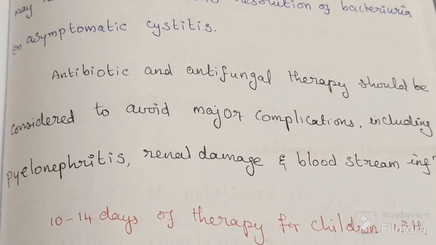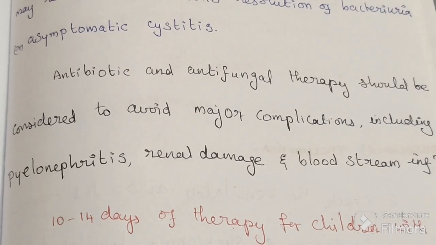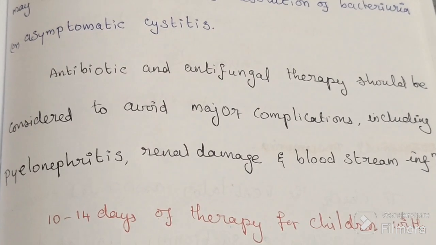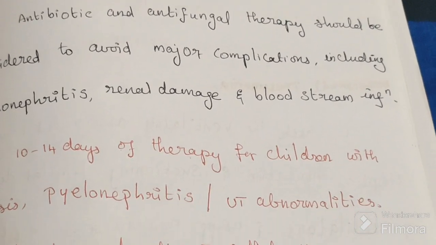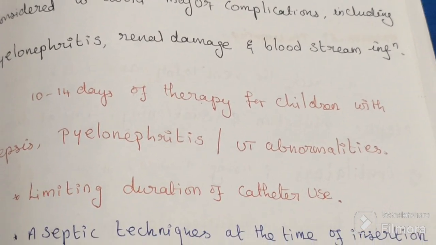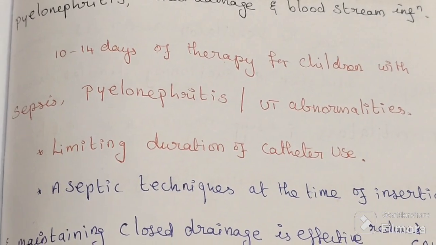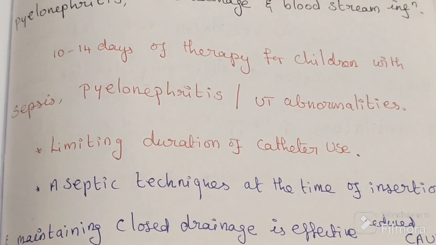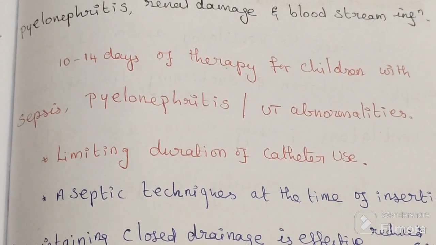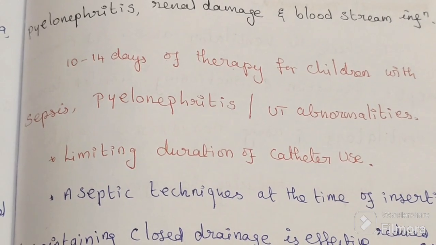Although the duration of therapy is controversial, some experts recommend at least 10 to 14 days of therapy for children with sepsis, pyelonephritis, or urinary tract abnormalities.